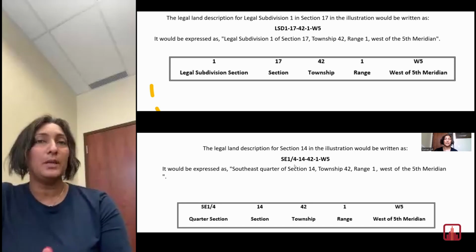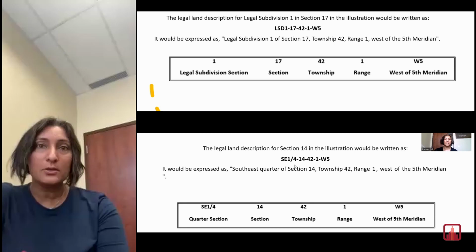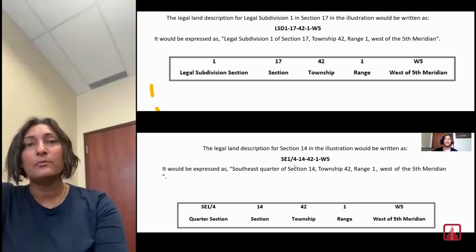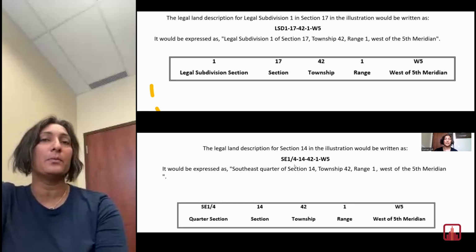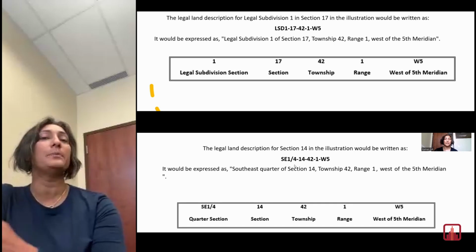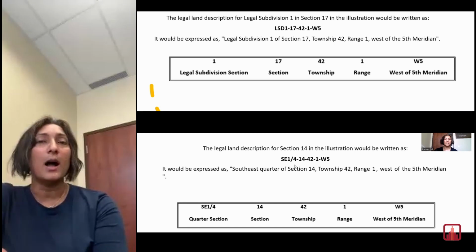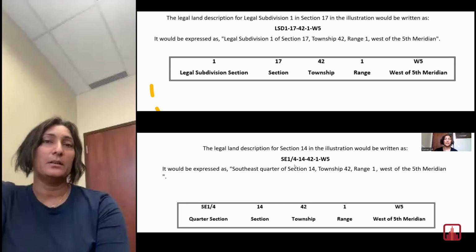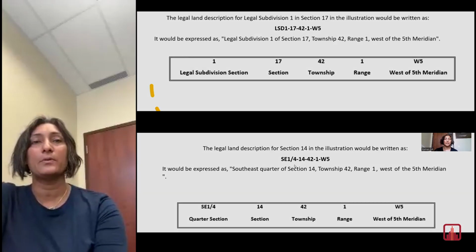The third one in will be your township. The fourth one in will be the range, and then the last one will be your meridian. The easy way to remember the meridian is there will always be a W beside it. So if it says W5, that's west of 5th meridian, right? If it says W6, west of 6th meridian, right? So that's how we will remember that.